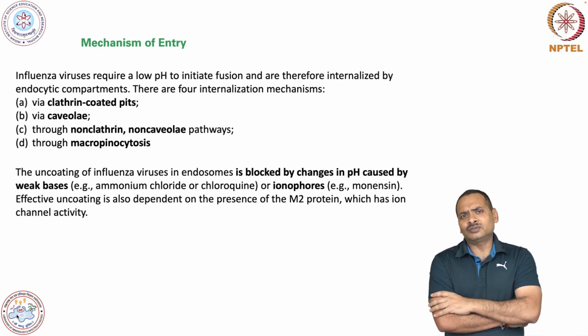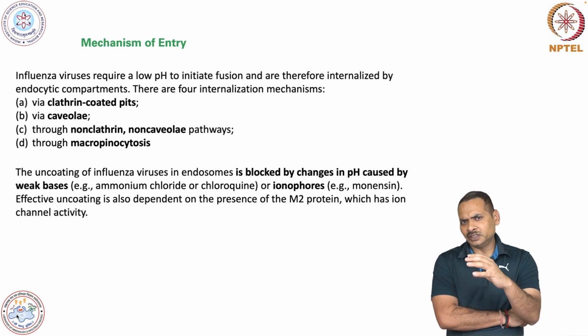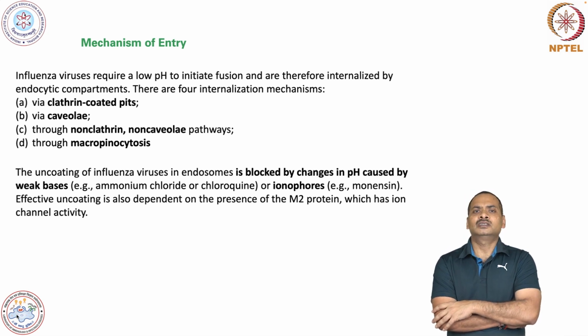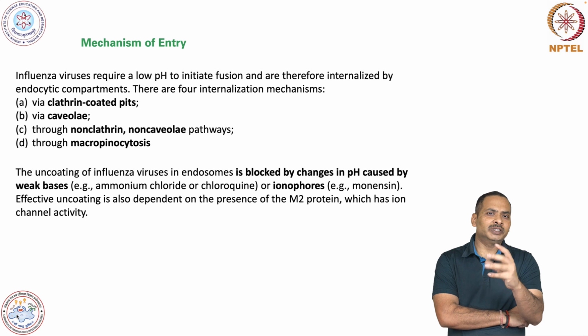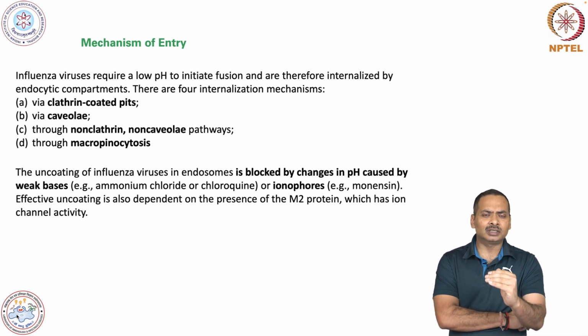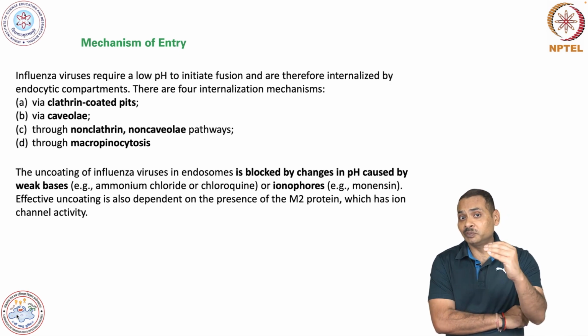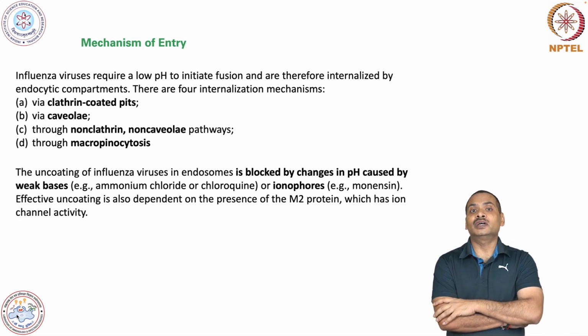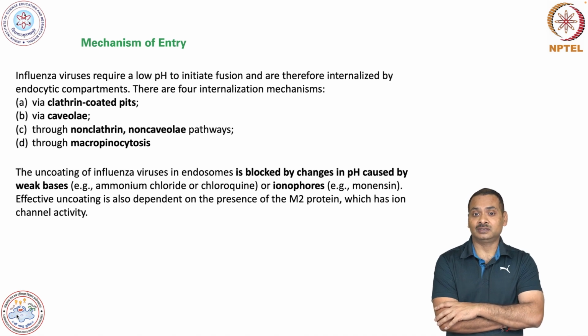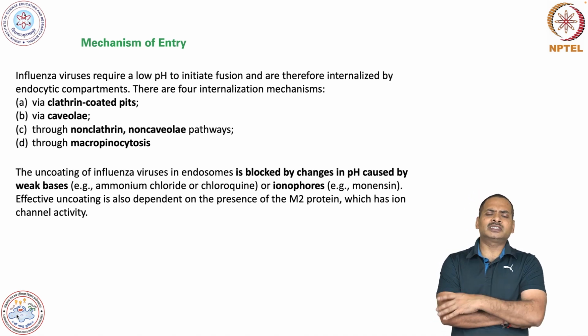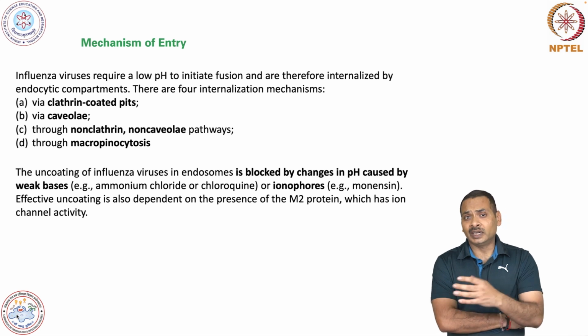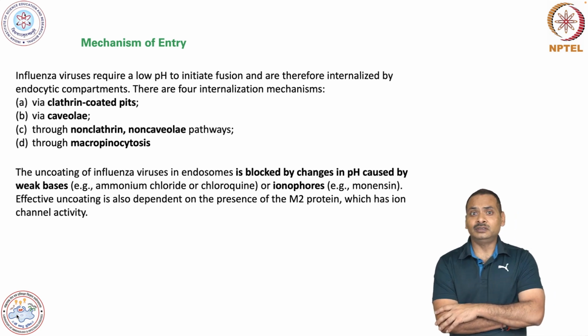Here I just want to say that if we change the pH somehow, if we block the acidification, then we can prevent the influenza virus infection. And this can be very easily done, at least in an in vitro situation.